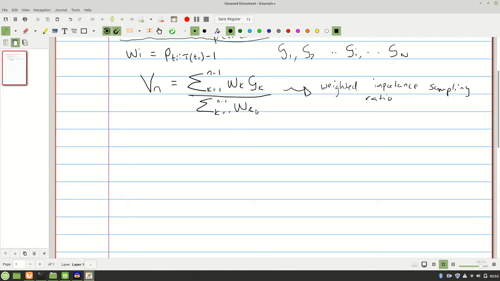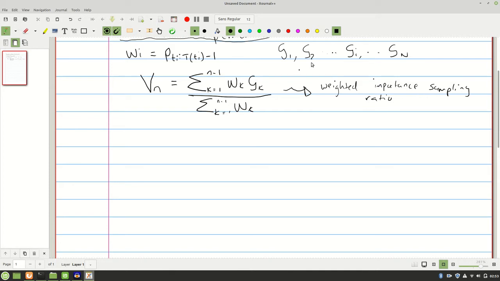But we notice something here. Given this equation, we would have to wait until we get all the returns from the given state, and compute all the weights, and then finally when we have all the weights and all the returns, we can find this value for this particular state.